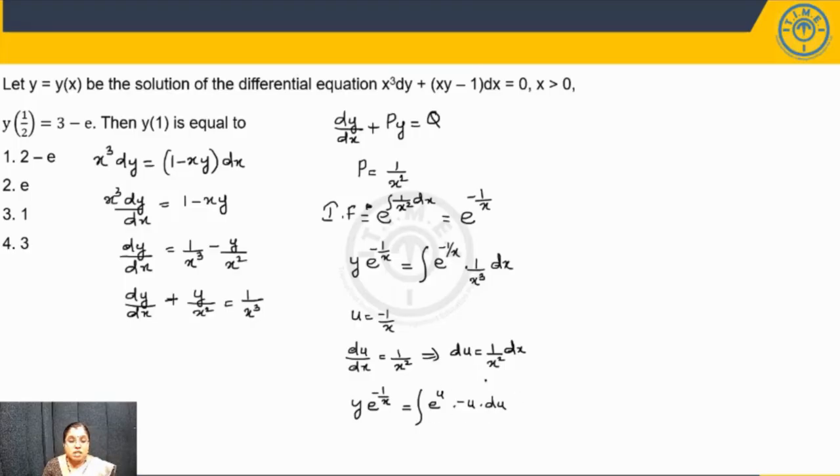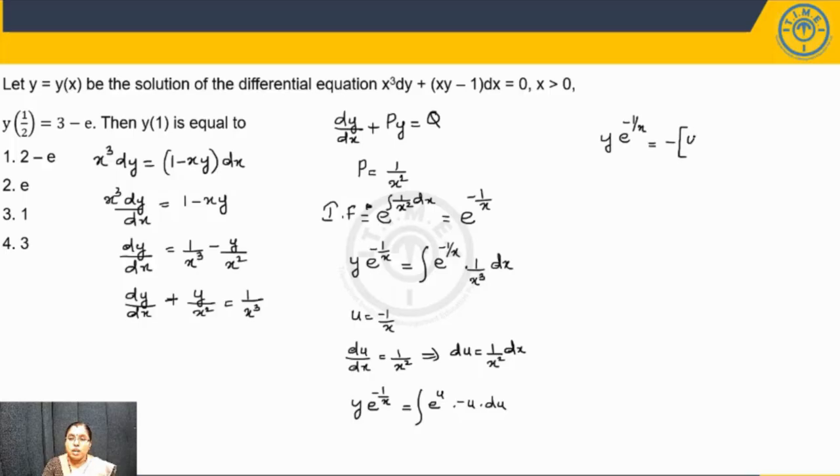So this is integration by parts we have to apply here. Let's write y into e raised to minus 1 by x equal to minus of. Here u is an algebraic function and e is an exponential function. So when you apply ILATE, u is the first function and e raised to u is the second function.